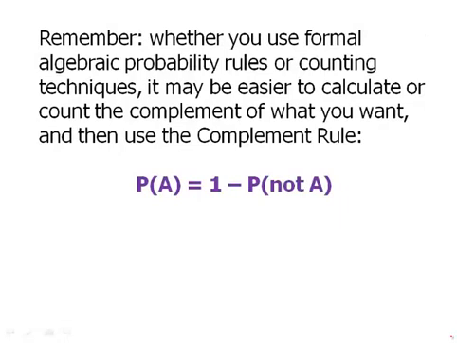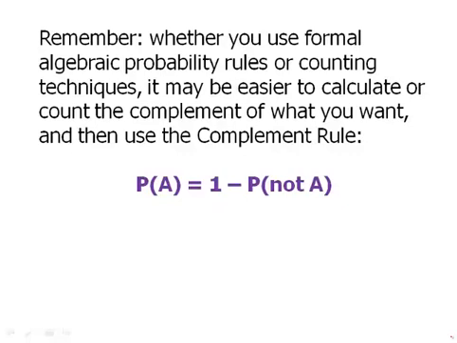Finally, now this is a tricky one. Whether you use the formal algebraic probability rules or the counting techniques, it may be easier to calculate or count the complement of what you want and then use the complement rule. So this often takes a bit of creativity, a bit of thinking outside of the box to realize, oh, wait a second, I could count or calculate all these things, but instead I could just count this one thing or calculate this one thing that is the complement, and that would be a much easier calculation.